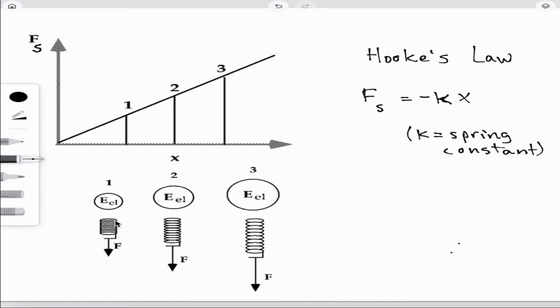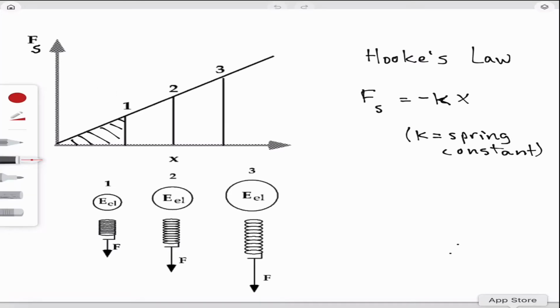And then we also agreed that if you think about it in terms of how much energy is stored in the spring as it's stretched, and if you represented that by a pie chart, then there seemed to be some correlation between the energy under the force versus displacement graph and the amount of energy stored in the system.